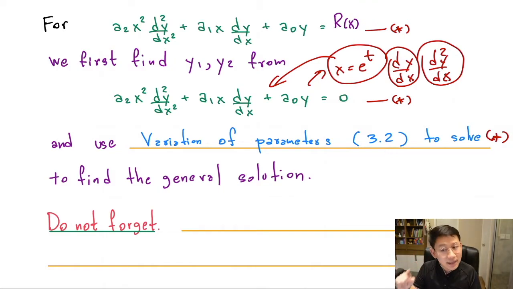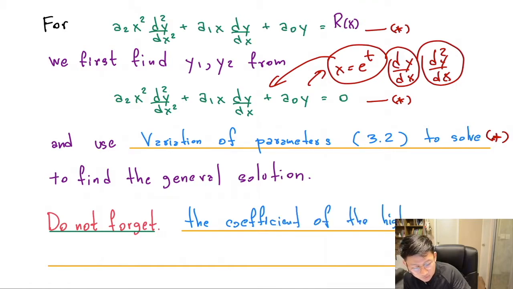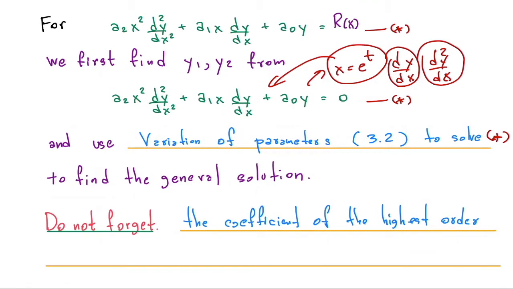But don't forget, guys, this is very important, and I believe that many of you get it wrong. The thing that you need to be very careful about is that the coefficient of the highest order must be 1.